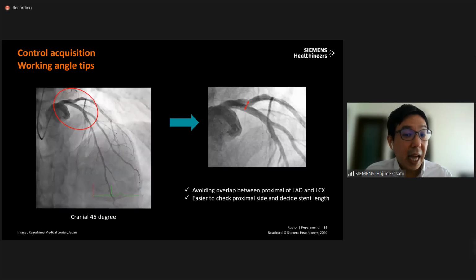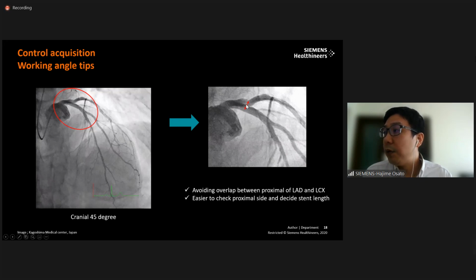If the angulation is changed to cranial 45 degrees, it is possible to avoid overlap between LAD and LCX. So you can get better information than with cranial 30 degrees in this situation. You can find the proximal side here.